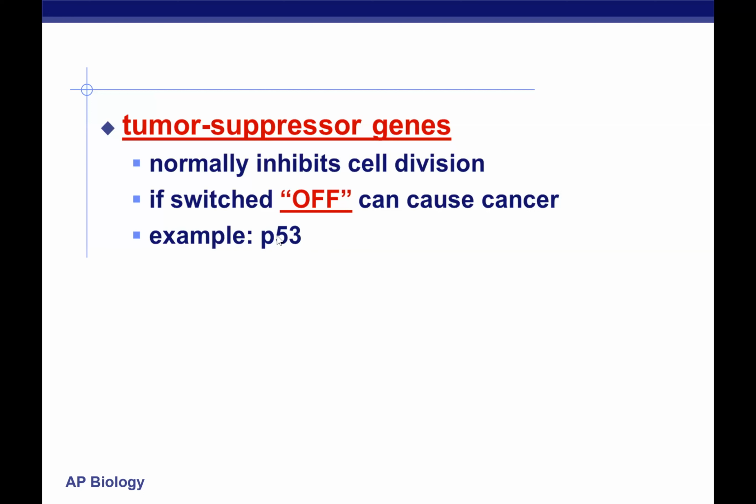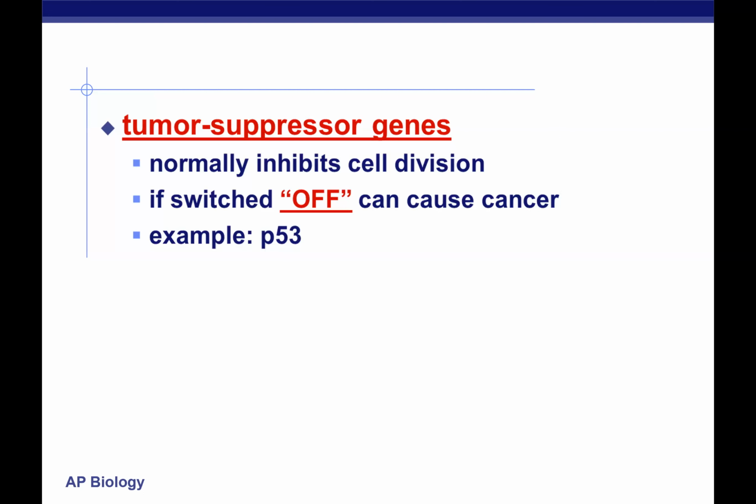I will spend some time on how this gene functions. So to summarize, I have talked about two types of genes responsible for cancers: proto-oncogenes and tumor suppressor genes. If you recall, proto-oncogenes do not express in a non-dividing cell.